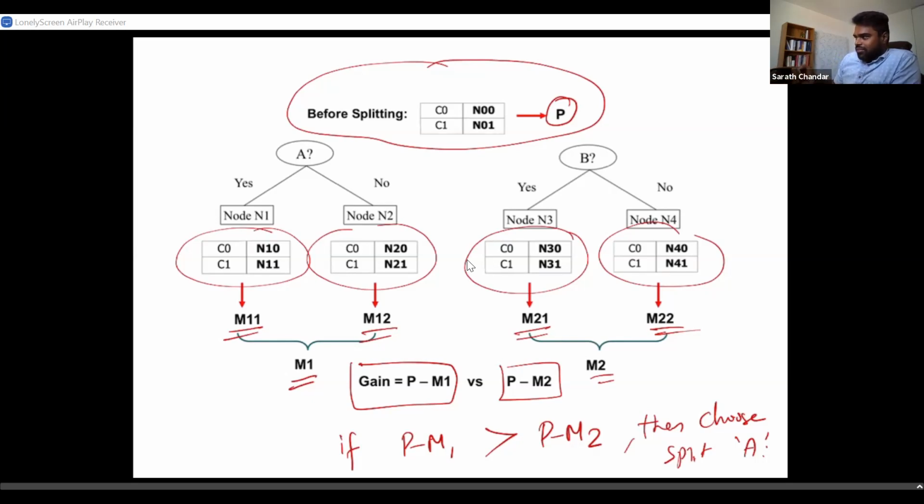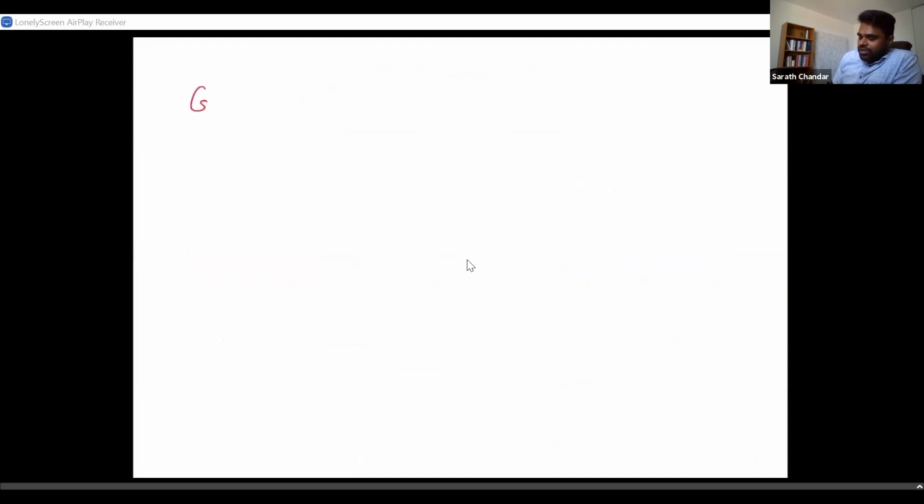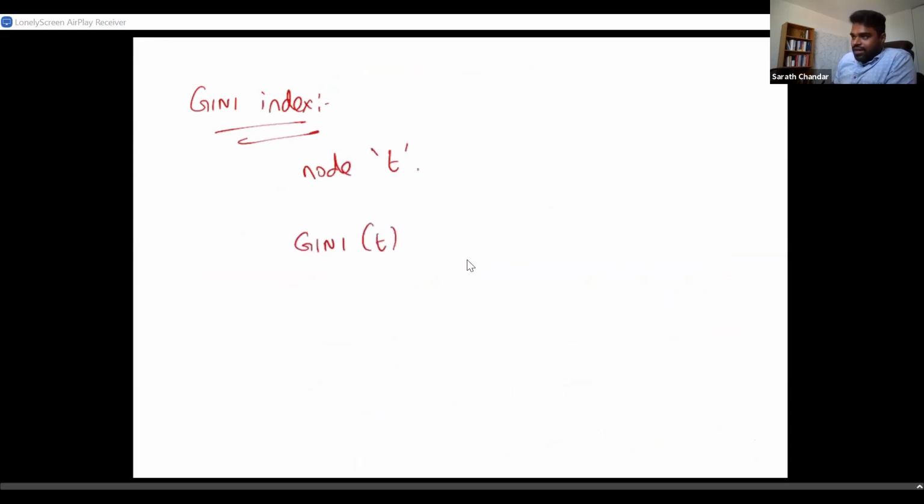So let's do a running example. Okay, so we are going to consider Gini index. Okay, so now Gini index of a node T is given as Gini of T, which is equivalent to 1 minus summation over j of probability of j given T squared.